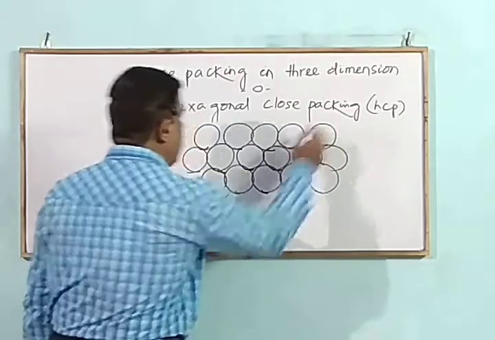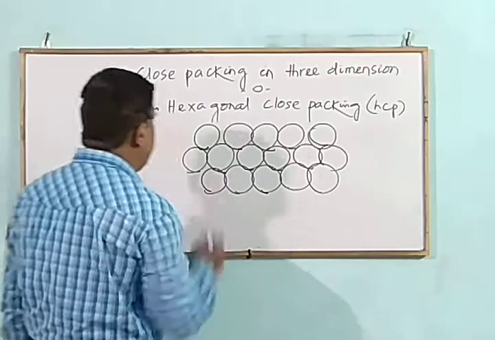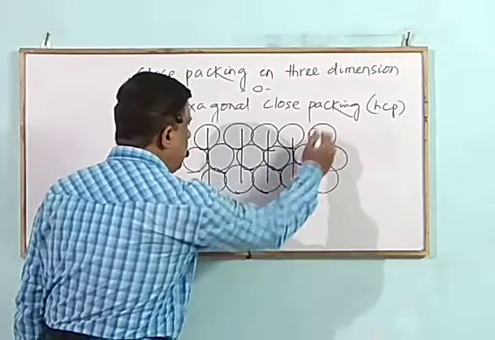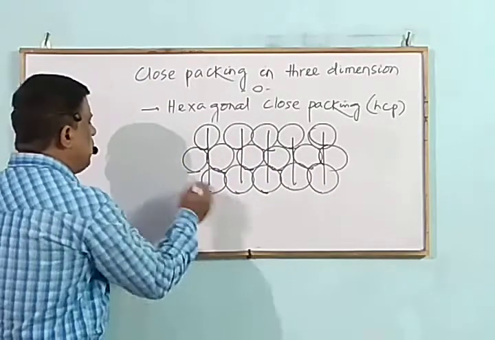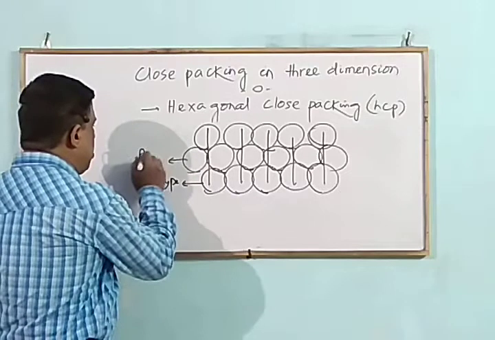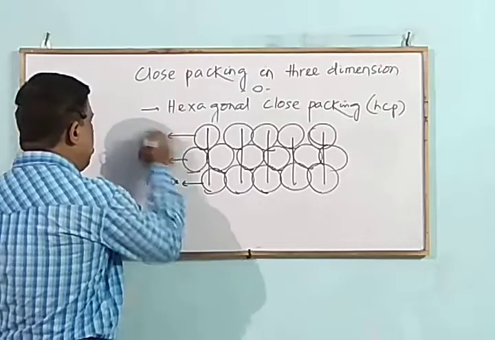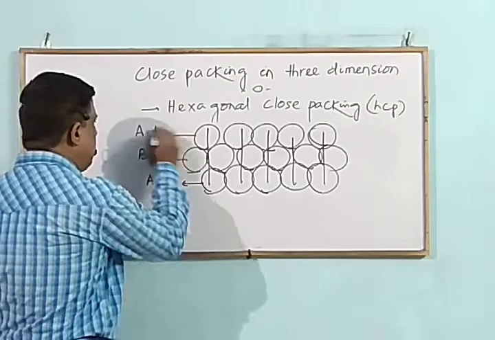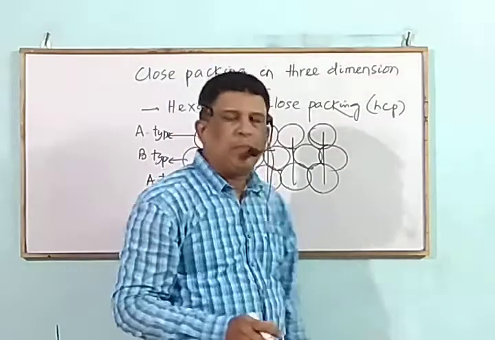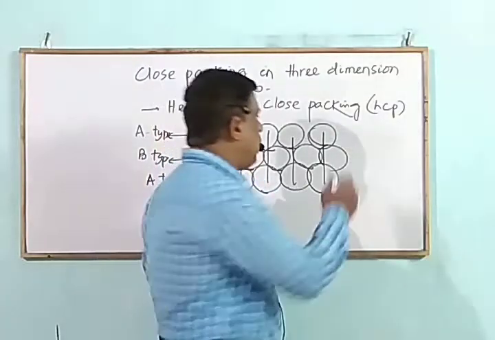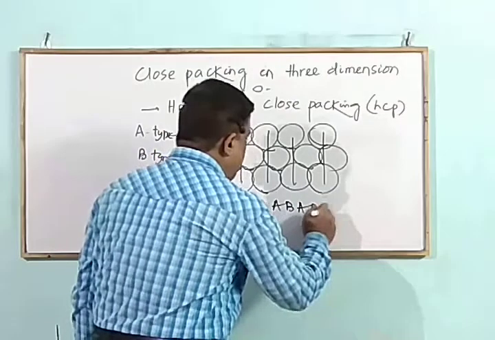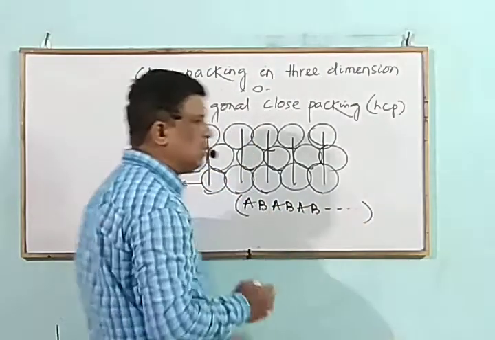The third layer, which is placed over the depression of the second layer, has exact alignment with the first. So if the first layer is known as A type and the second layer as B type, then the third layer is also A type. This type of three-dimensional arrangement in hexagonal close packing is otherwise known as ABAB, ABAB type of close packing in the crystal system.